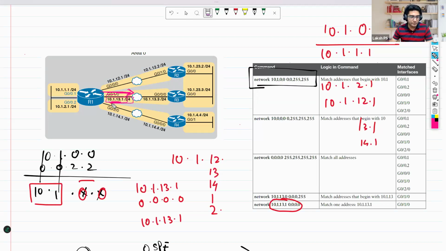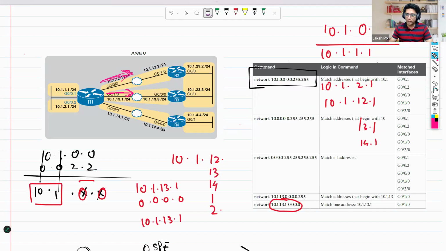If I configure a wildcard mask which chooses these two interfaces, OSPF will be sent to these two interfaces, and these two interfaces will advertise about each other as well.